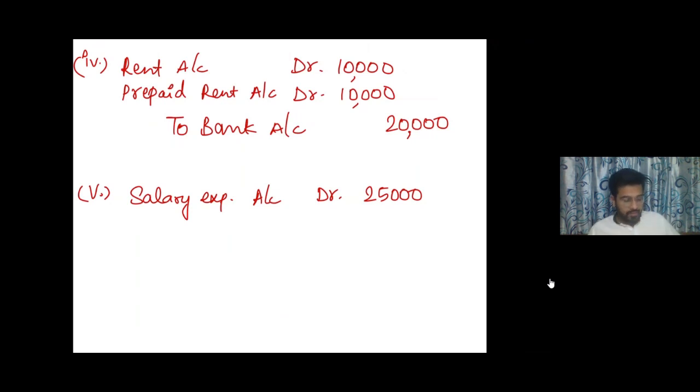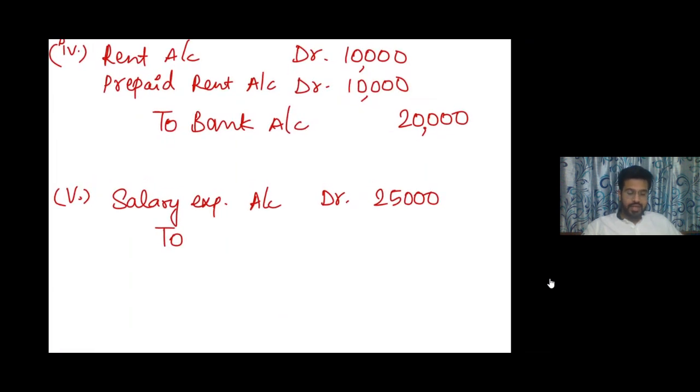So whenever it is paid, we can credit our bank account or the cash account, by whatever mode it is paid. But right now it is not paid. So what we can do in this case is show our liability that this needs to be paid in the near future.